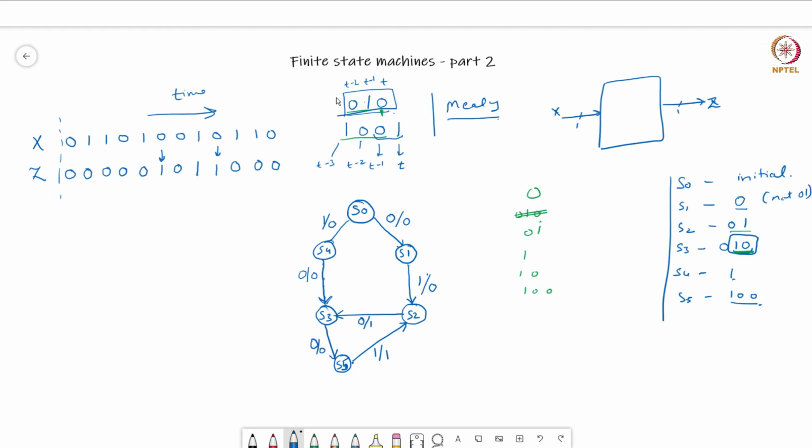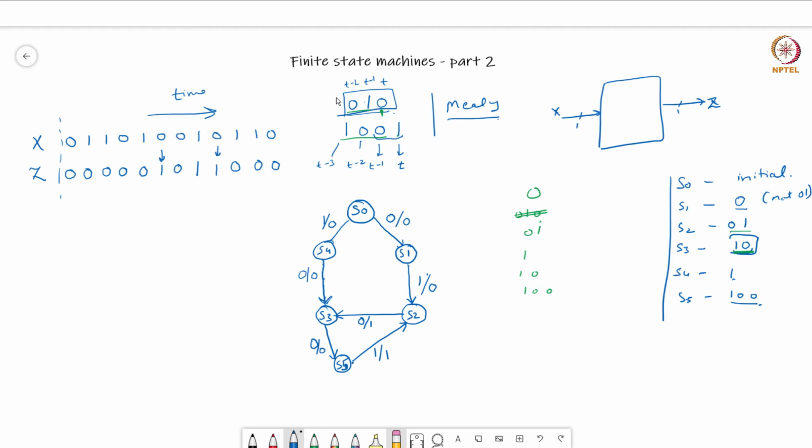So these states are distinguished. Similarly, when we say 1, it could be only a single one; anything preceding that we don't know.